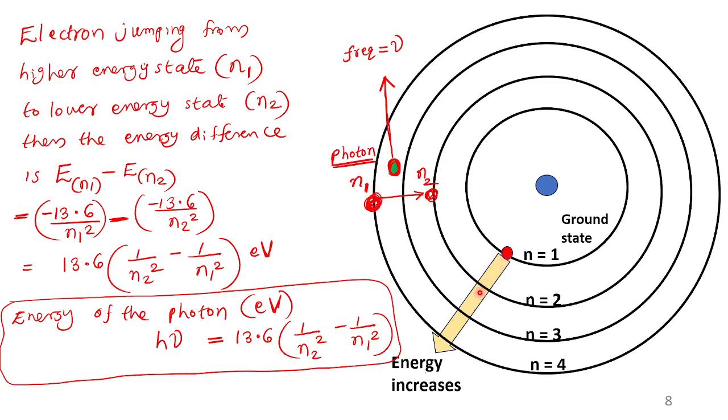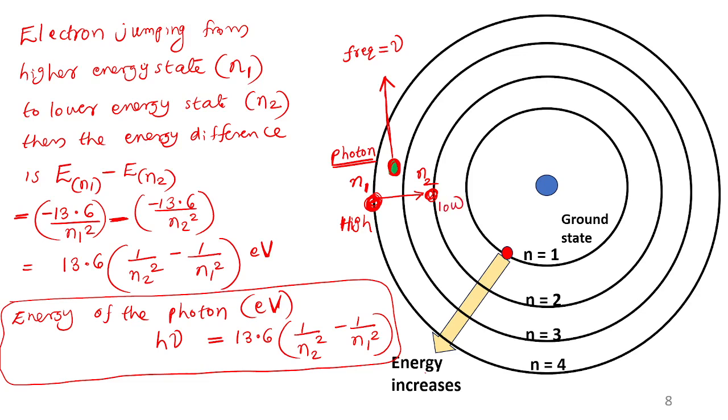As the electron moves outwards, its energy increases. If the electron is staying in the outermost orbits, it has high energy. So initially the electron has high energy. This electron can go to the lower energy states. The electron can jump from a higher energy state to a lower energy state.